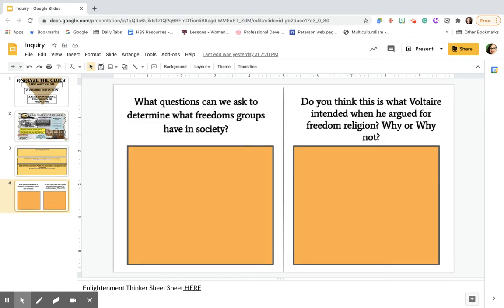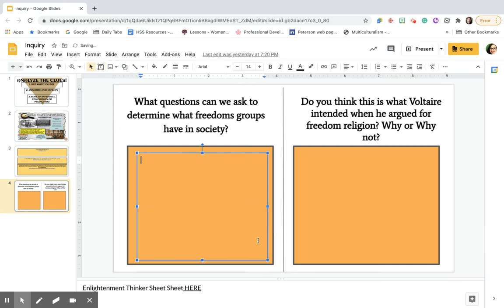Then, looking back at our question of what questions we can ask to determine what freedoms groups have in society, you're going to need to draw a text box here and tell me what questions you can ask. I want you to list at least three good questions. How would you frame a question so that you can get information about the specific freedoms that groups have in this society?